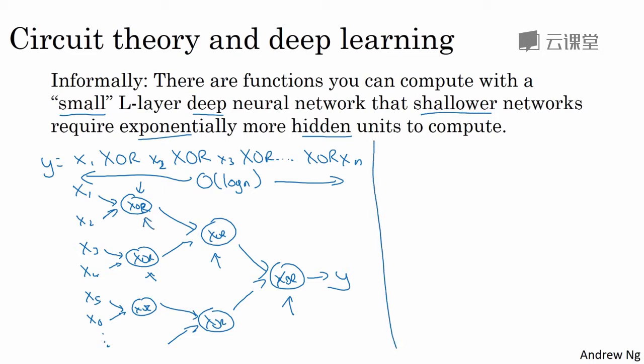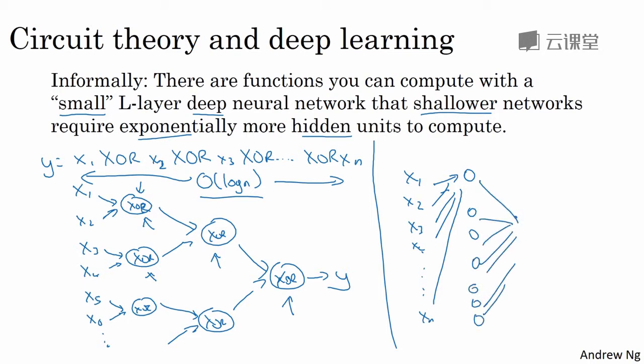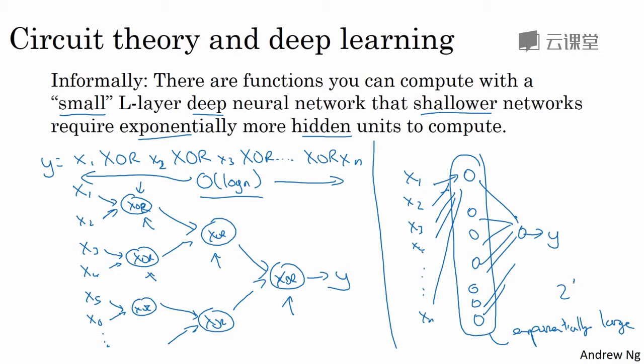But now, if you're not allowed to use a neural network with multiple hidden layers, with, in this case, order log n hidden layers, if you're forced to compute this function with just one hidden layer, so you have all these things going into a set of hidden units, and then these things output y, then in order to compute the parity or this XOR function, this hidden layer will need to be exponentially large, because essentially you need to exhaustively enumerate all 2 to the n possible configurations of the input bits that result in the exclusive OR being either 1 or 0.